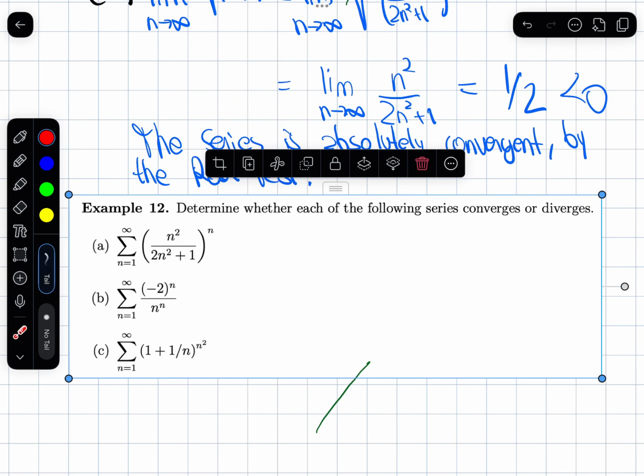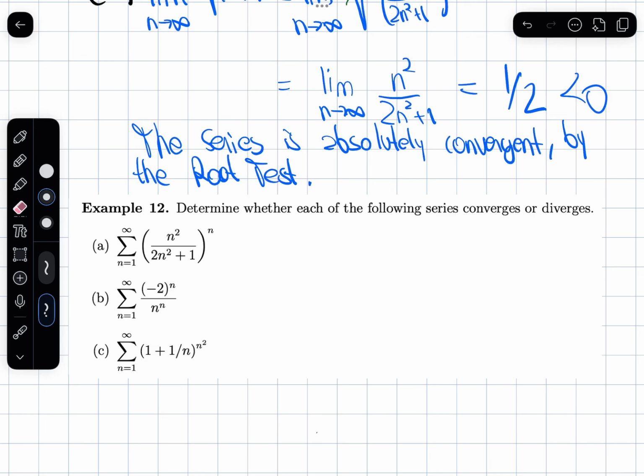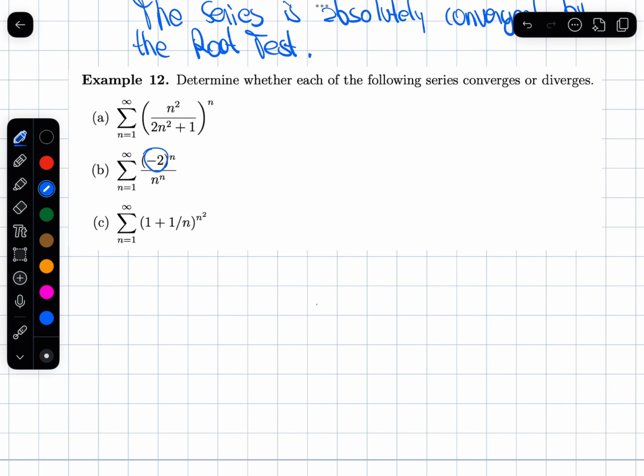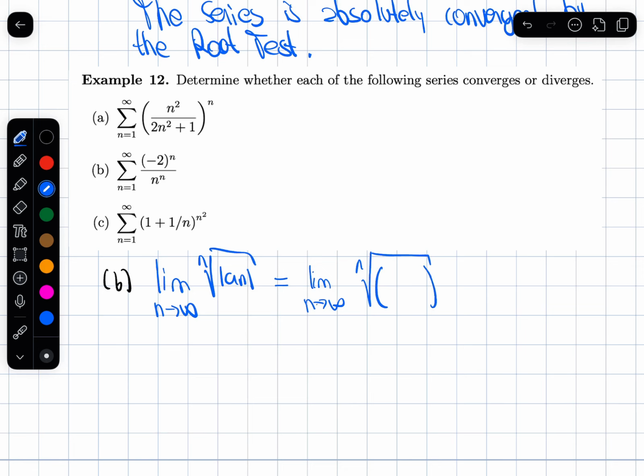So let's do B. B has some negatives in here, and so I'm going to use the absolute values as well. So I'm going to do limits for B. Doesn't bother me at all, because absolute values just allow me to cancel everything out, in terms of the negatives, I mean. So again, I can rewrite the inside, the a_n's with absolute values, get rid of the negative, as 2 over n to the power n.